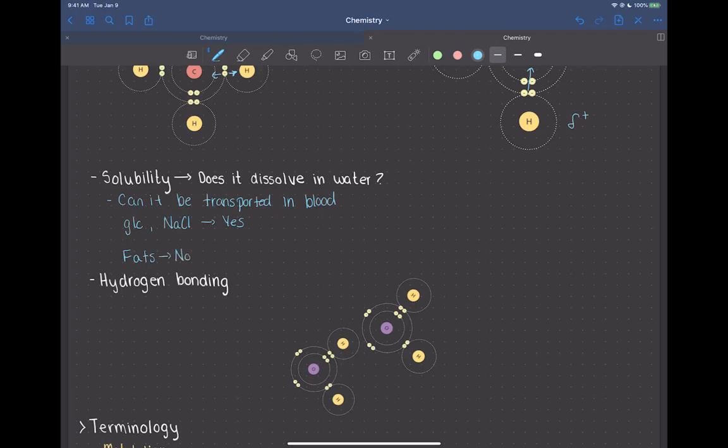Actually, you'll see in ANP2 that when you eat fats and they're absorbed through your digestive system, they have to be wrapped in proteins, which is polar, typically, to move in the blood.